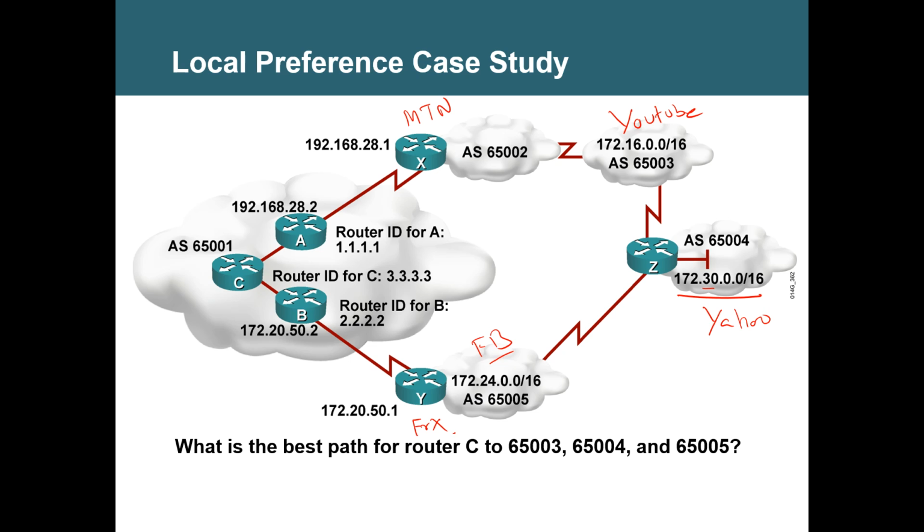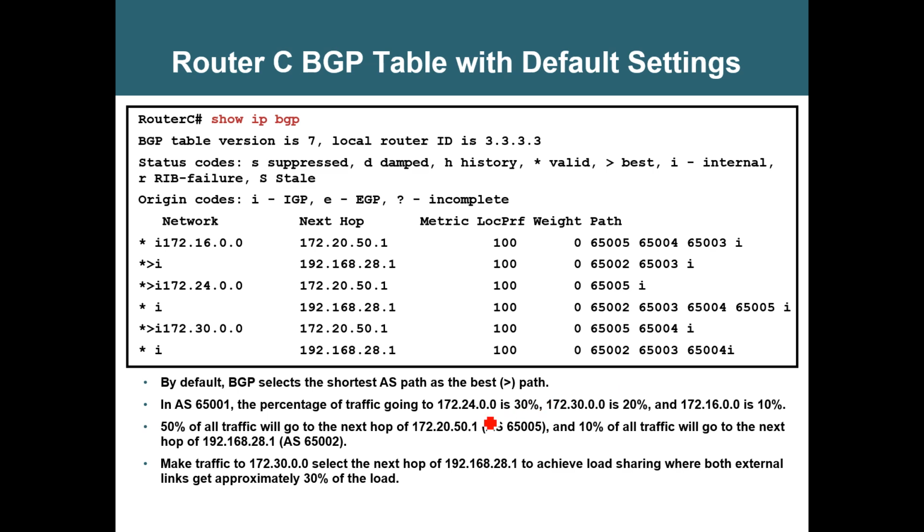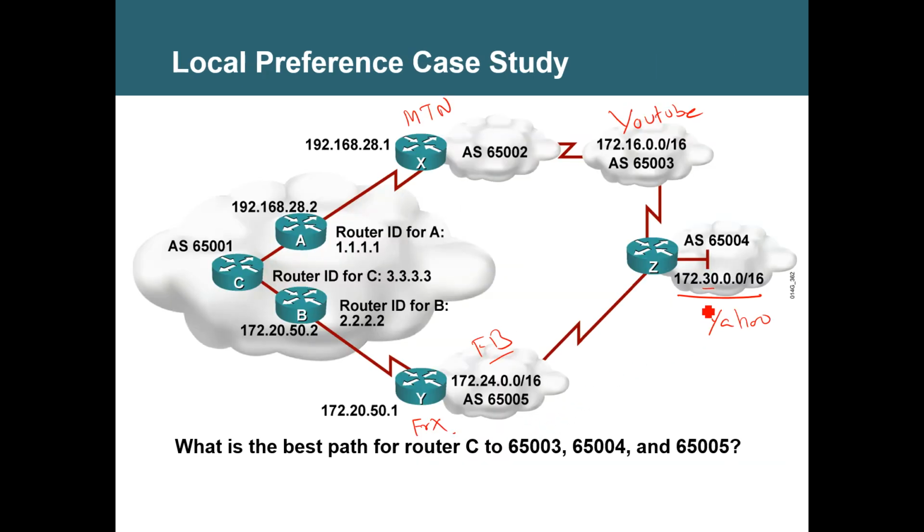Now, on the next page, after a study, they understood that 30% of traffic from this autonomous system is going to Facebook, 20% is going to Yahoo, and only 10% is going to YouTube.